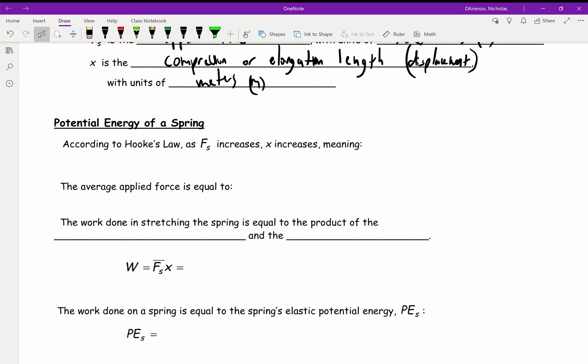So according to Hooke's law, as we increase the force on a spring, x increases. We either compress it more or we elongate it more. So what does this mean? If we apply a greater force, x, our displacement from equilibrium, is going to increase. Or if we decrease that force, our displacement is going to be less.